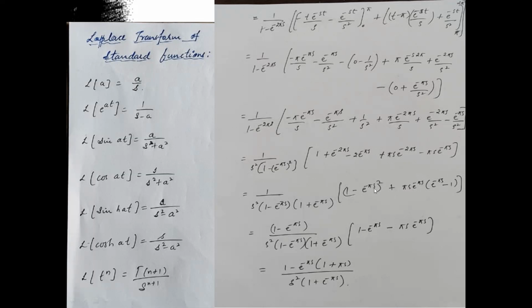Then since we have taken minus outside, we are left with minus pi s e raised to minus pi s. So here these two terms will get cancelled. We are left with 1 minus e raised to minus pi s minus pi s into e raised to minus pi s, divided by only s square into 1 plus e raised to minus pi s.